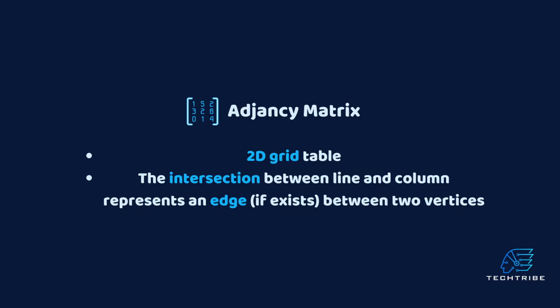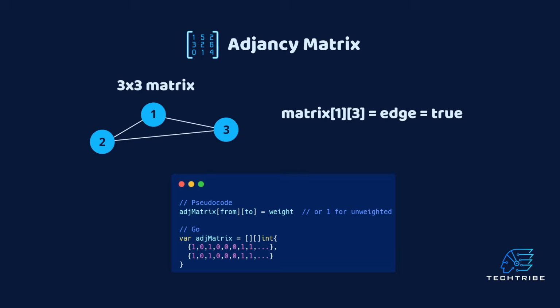So if you have vertices 1, 2, and 3, you'd have a 3x3 matrix, and position 1 on 3 tells you if vertex 1 connects to vertex 3. The first index is the from and the second one is the to, and this will tell you if you have an edge between them.